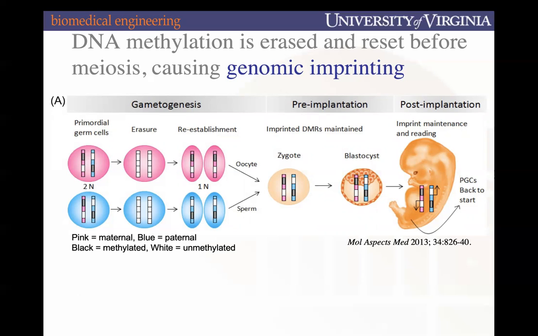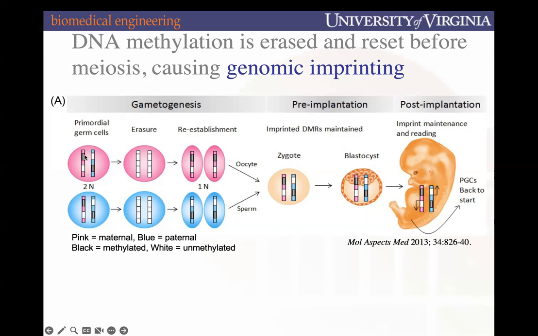The circle color designates the environment that it's in, meaning that this is an egg in pink and the sperm is in blue. The regions that are inherited from the mother and the father are labeled in pink and blue on the chromosomes themselves.